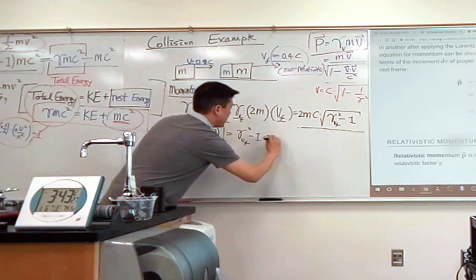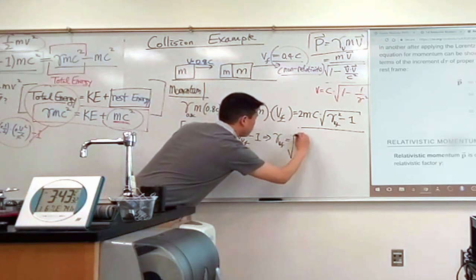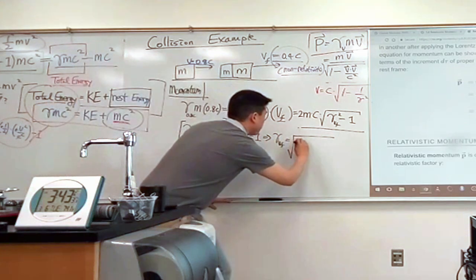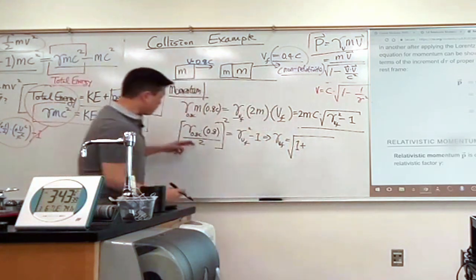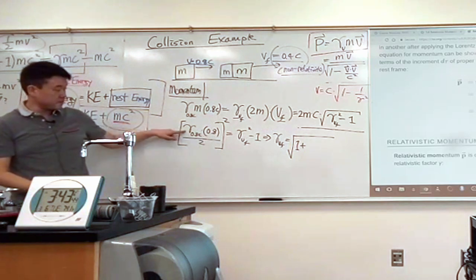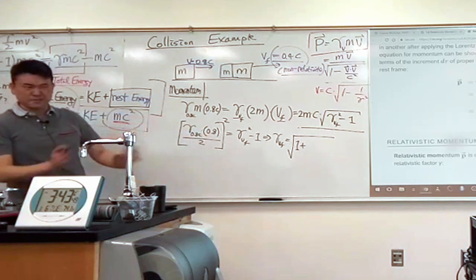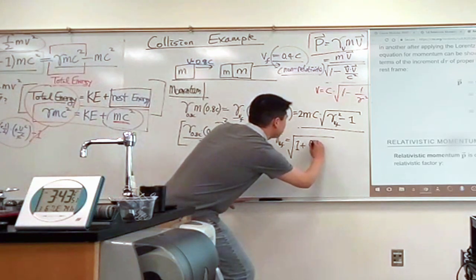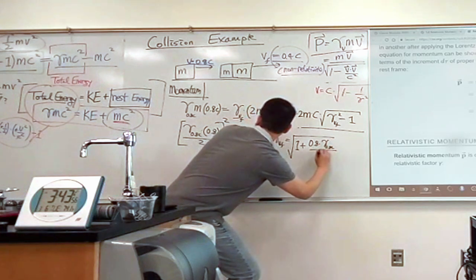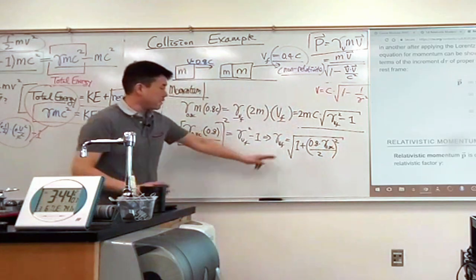Solving for gamma v final is equal to square root of this whole thing plus 1. So 1 plus, and everything here is actually numerical. Based on v equals 0.8c, there's a number associated with this. And so that's why I'm just leaving it in that form, because I'm just going to plug in the numbers. So 0.8 times gamma 0.8c over 2, the whole thing squared. So that's the gamma v final.